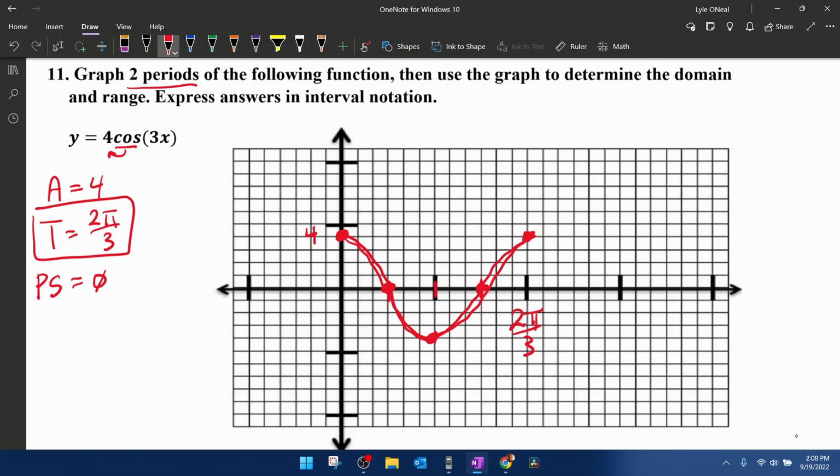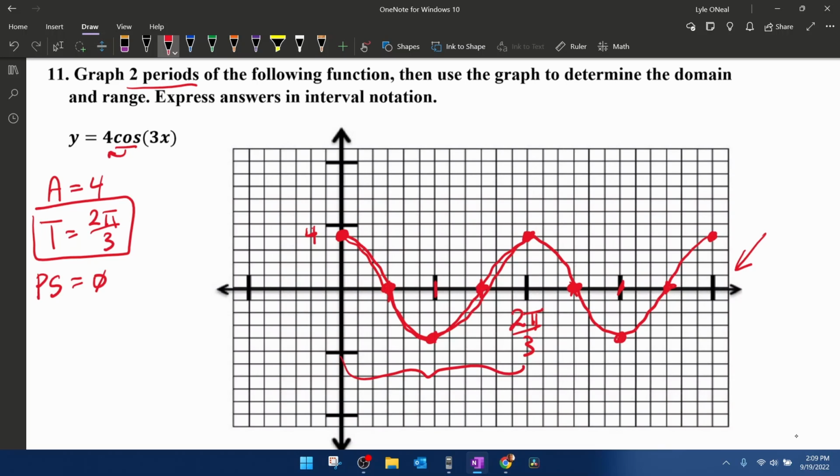It says we need at least 2 periods. So we're going to copy and paste that wave and go another period here. Down, down, up, and up. And connect the dots. All right, so let's figure out what this last hash mark should be.